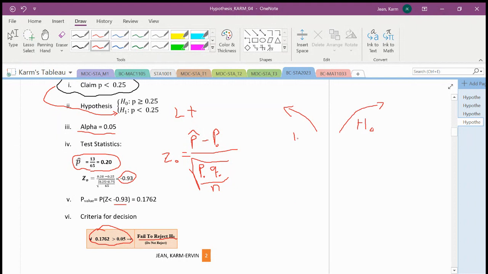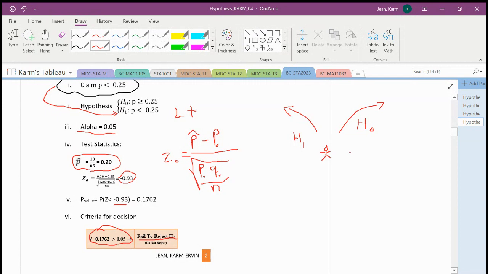For example, you can only take one road, not two, and you have to choose a road. So which one will you take? H1 or H0? There's no other road, only two options in front of you.